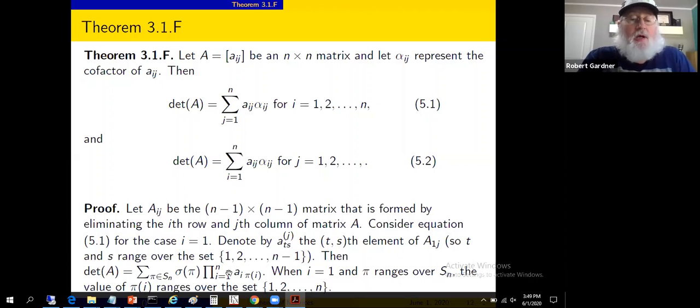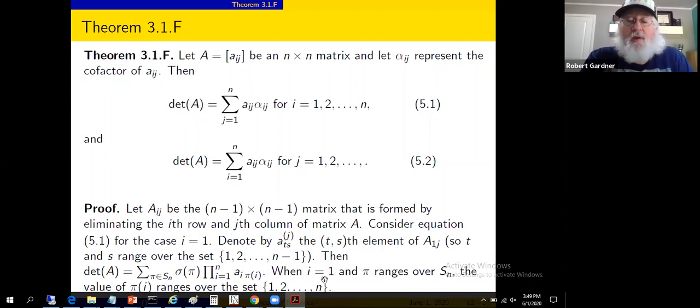The determinant of matrix A, that's our definition: you sum over all permutations in the symmetry group S sub n. You take the sign of those permutations, sigma, and then you take the product. Remember, a sub 1 something, a sub 2 something, a sub 3 something, up to a sub n something. Something is being determined by the permutation.